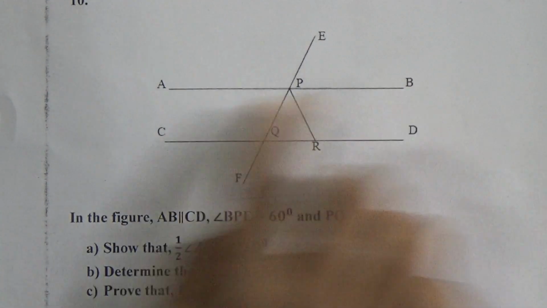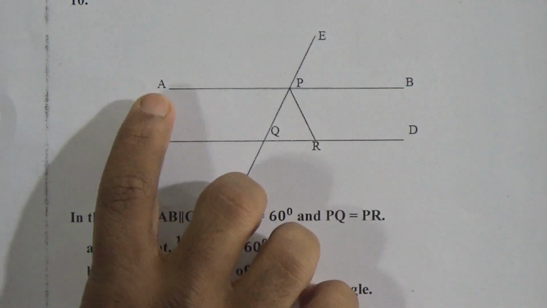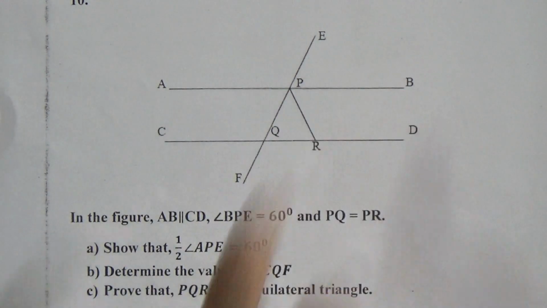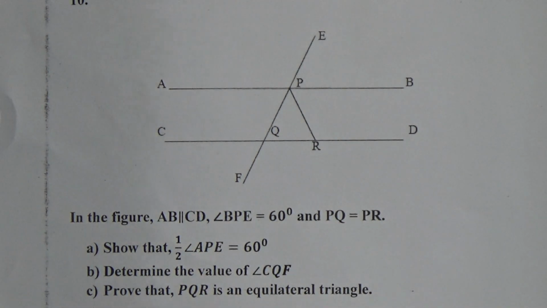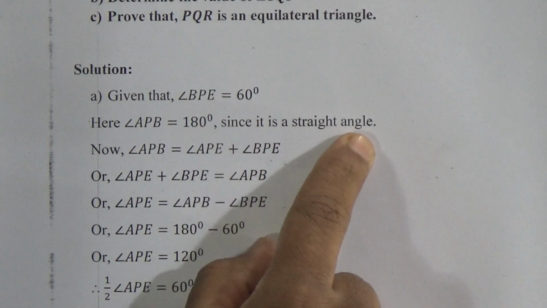Here in the figure, it is clear that APB is a straight angle. That is why we can write angle APB equals 180 degrees, since it is a straight angle.